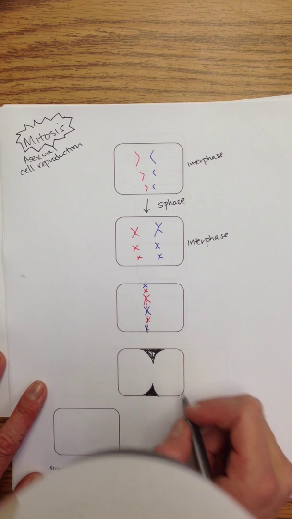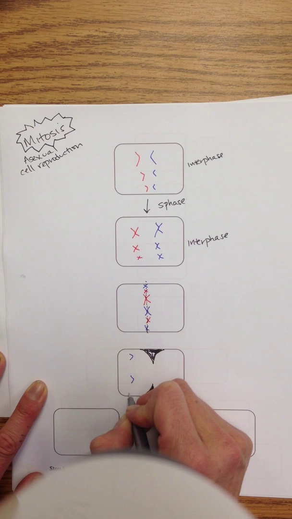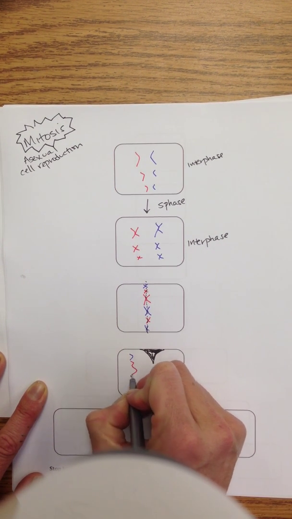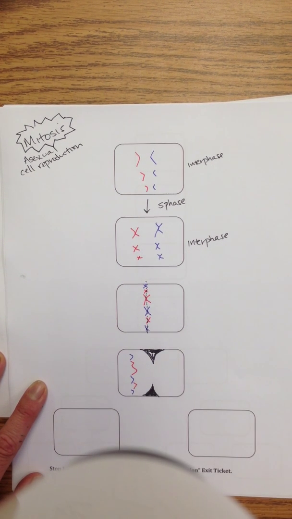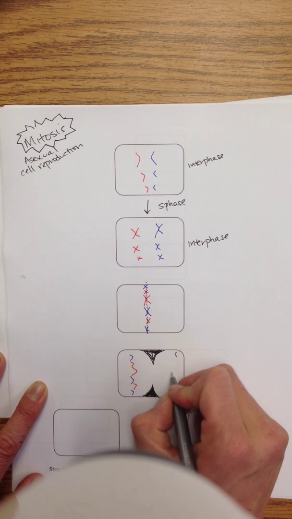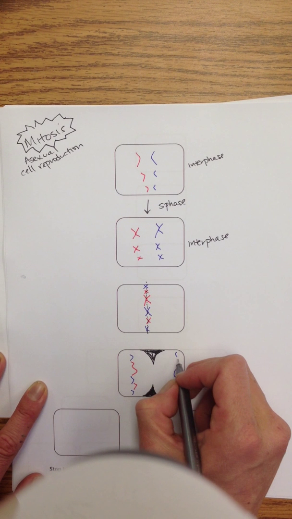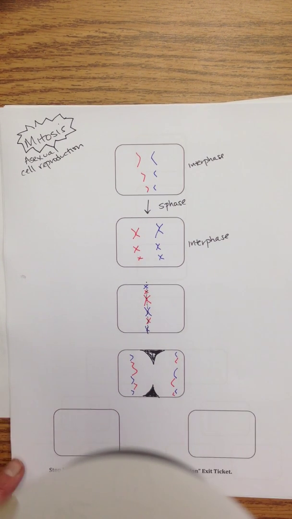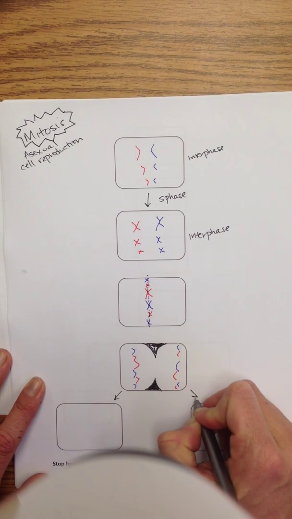So if I were going to draw it again, it would look like this piece went this way. Just trying to not pick up my pens too many times. A little piece, big piece, little piece. So make sure you're drawing these in 2 colors. It'll make your life easier. And it becomes 2 cells.